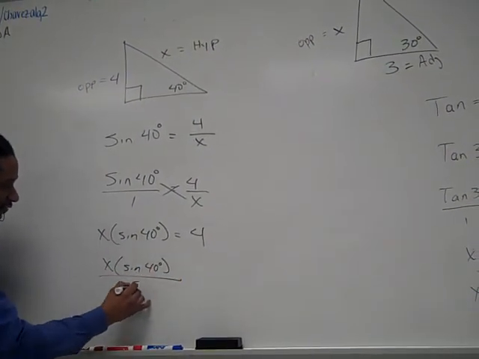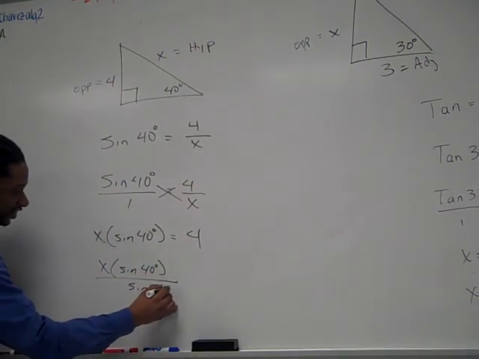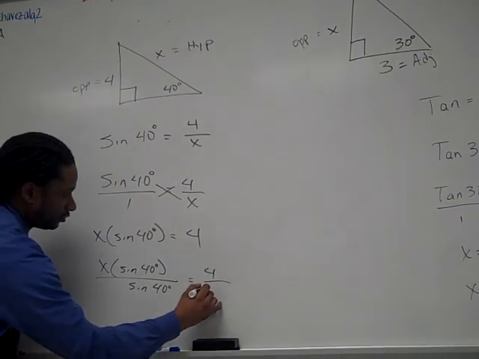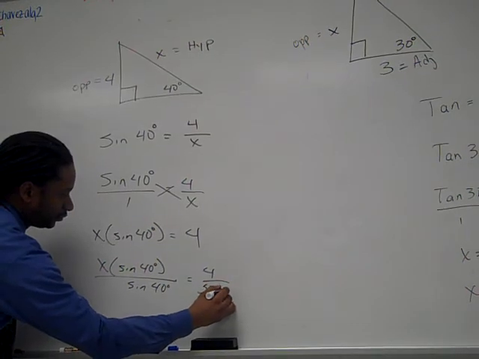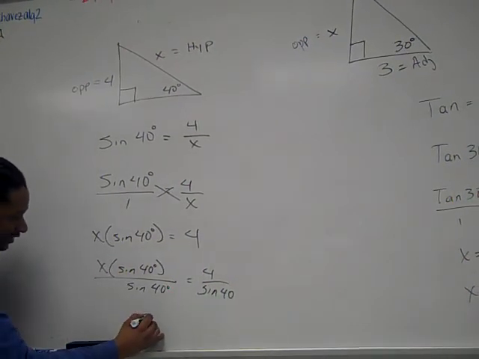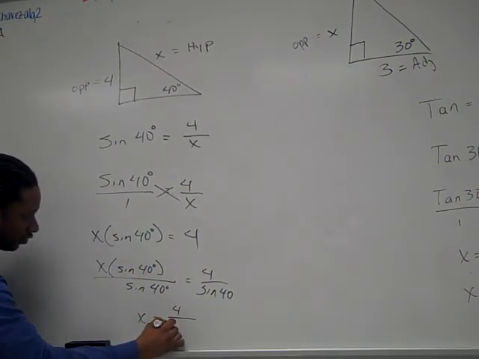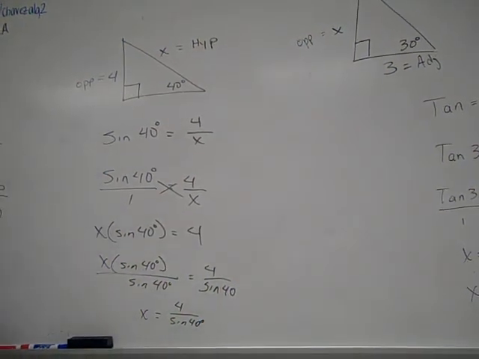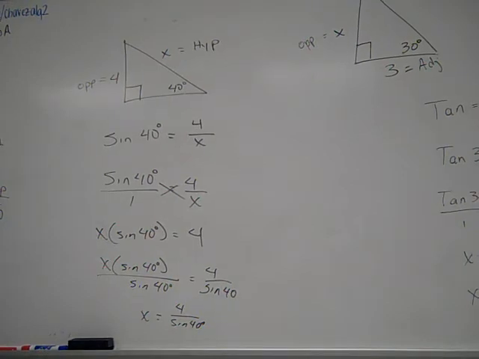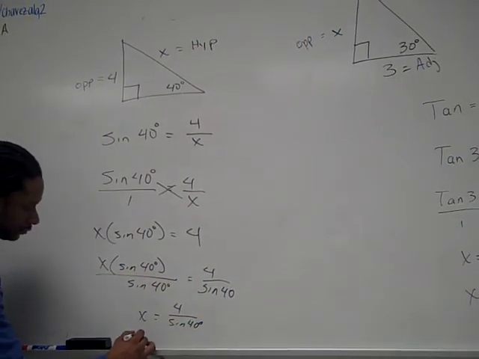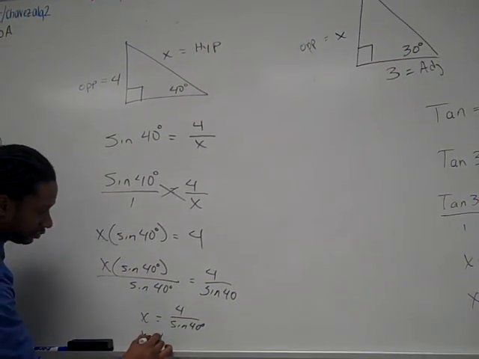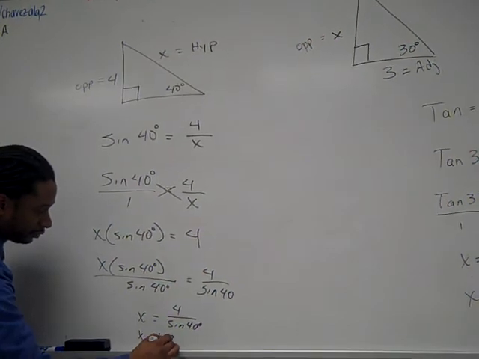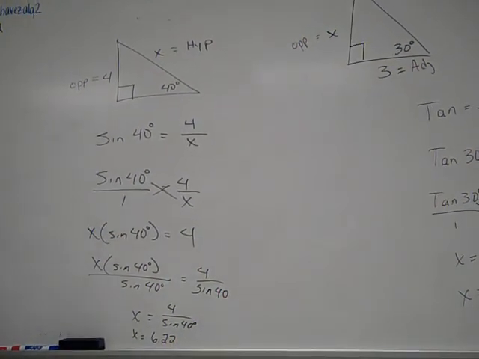Divide both sides by sine 40. Same math that you guys have always used. So my x now is equal to 4 over sine 40. So in your calculators, type in 4 divided by sine 40. 6.22. Okay, we'll leave it like that.